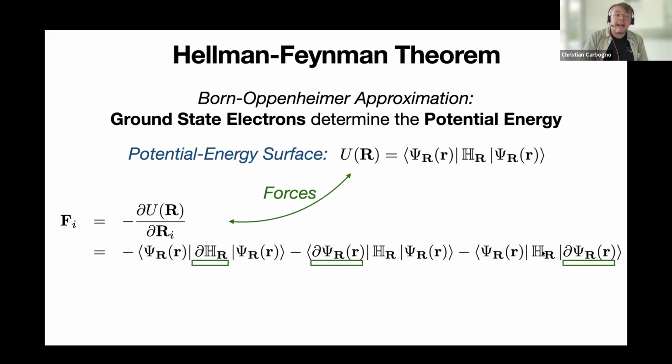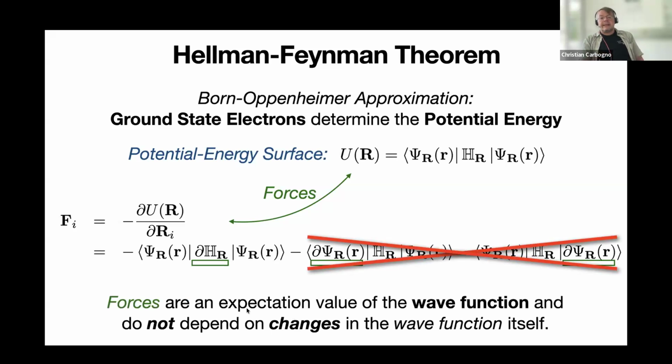The normalization has to be retained. So what this tells you is that the forces are an expectation value of the wave function and do not depend on the changes in the wave function itself. It's a very fundamental result, the so-called Hellmann-Feynman theorem, because it tells you that you can compute forces, or changes in energy, without knowing what happens somewhere else.